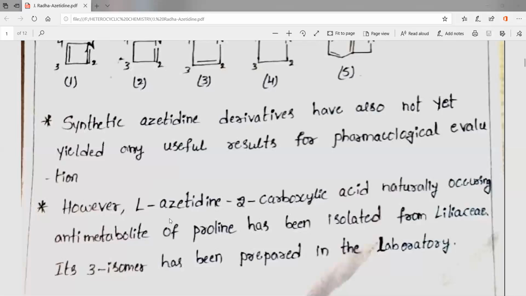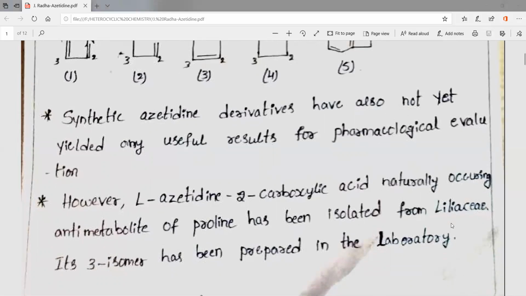However, L-azetidine 2-carboxylic acid is a naturally occurring anti-metabolite of proline and it has been isolated from Liliaceae. So L-azetidine 2-carboxylic acid has been isolated from natural sources.